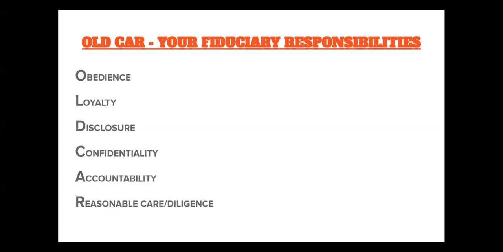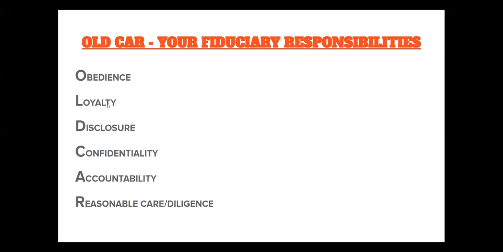Okay. Now, when you cross-check that statement from a client with OLD CAR and the rules and regulations of real estate in Virginia, you can't do that, right? Yes, you have obedience to your client, but what supersedes that obedience to your client is obedience to the law.